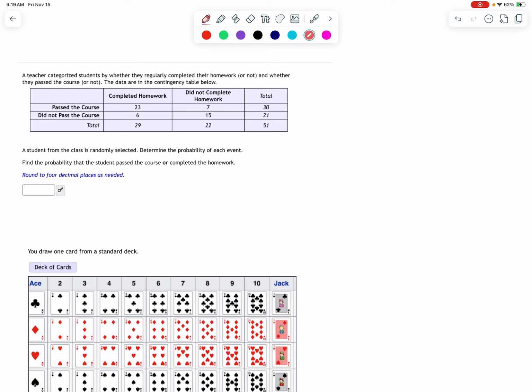Now we have a contingency table. We have students who completed the homework, did not complete the homework, passed the course, and did not pass the course. Right away, I notice that my entire sample space is 51 students.